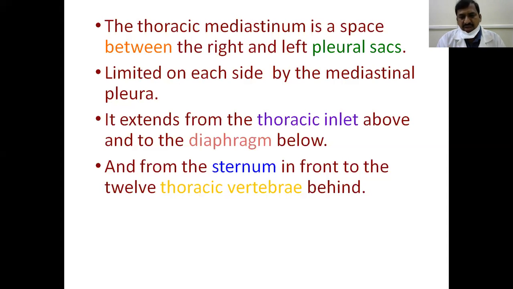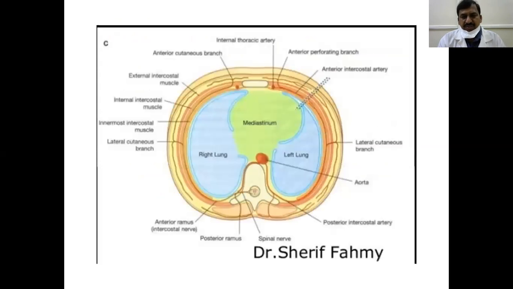For our convenience, we are dividing the mediastinum for study purposes into different segments. What are the different parts of the mediastinum we study? First, you see, this is the mediastinum here. This is the right pleural sac. This is the left pleural sac. In between these two is the mediastinum.